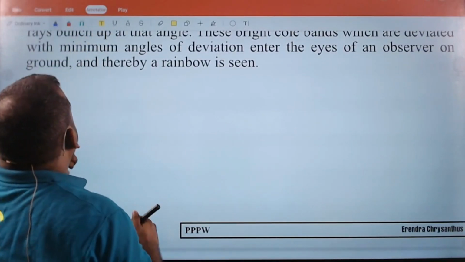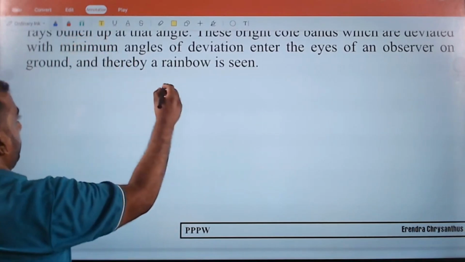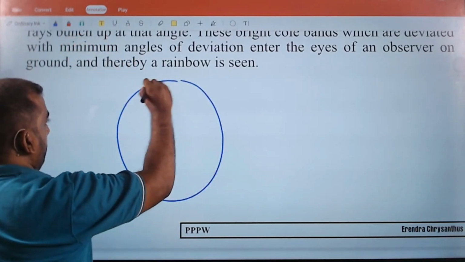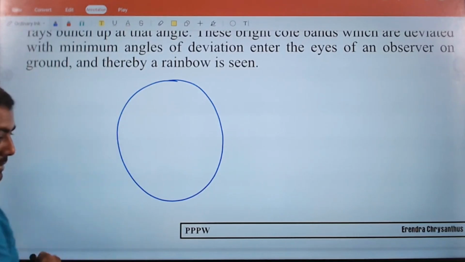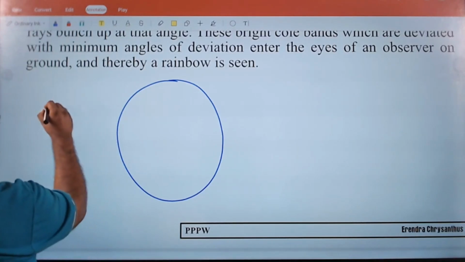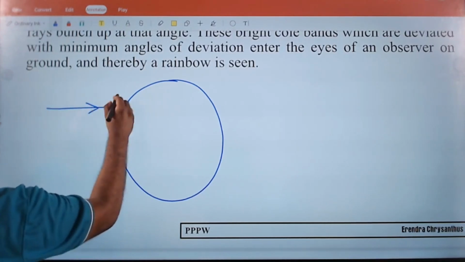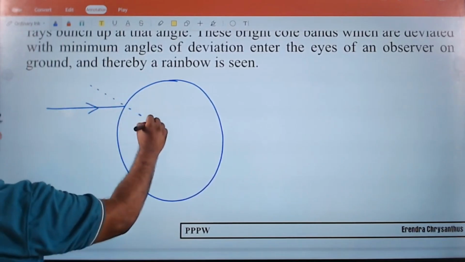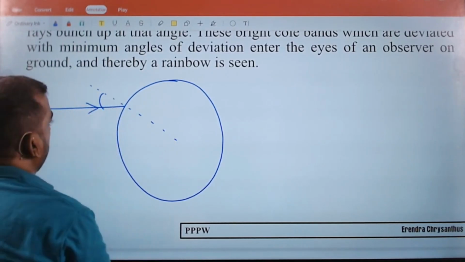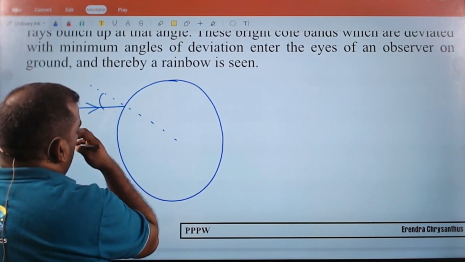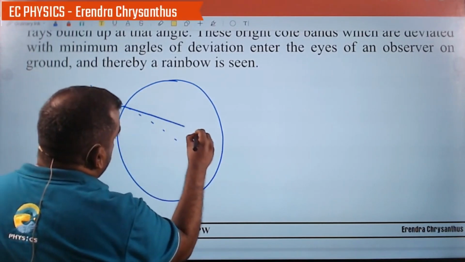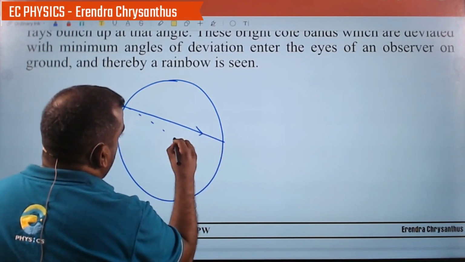So here you go. The blue color ray enters. Angle of incidence 52. Red will deviate less, blue will deviate more.